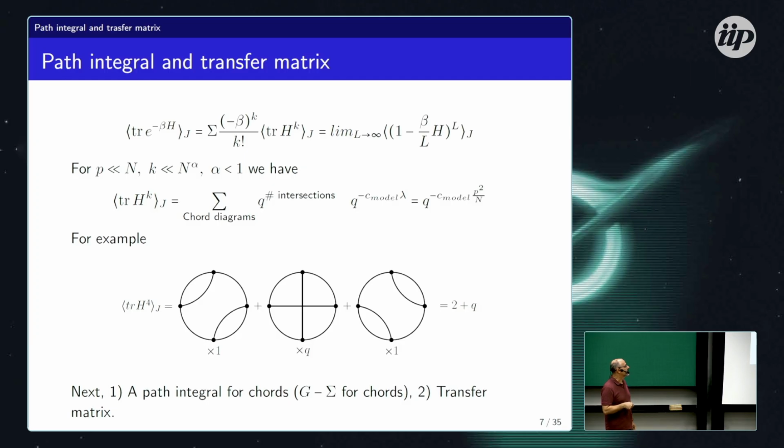This one has an intersection, these guys don't. So the sum is 2 plus q, and this is the partition function at large n in the double scaling limit. What I'm going to talk about next is how do you write a G sigma for chords, or a path integral for chords, and then briefly about the transfer matrix. Of course, if there are any questions, feel free to pause me anytime.